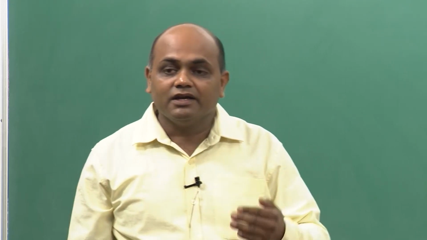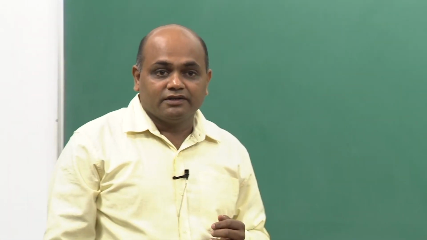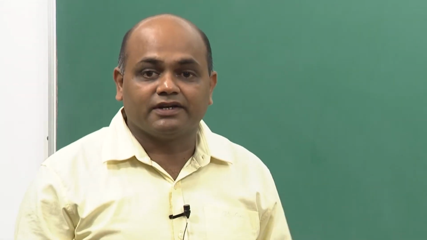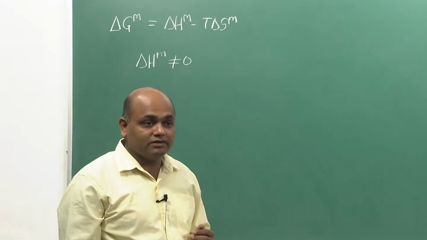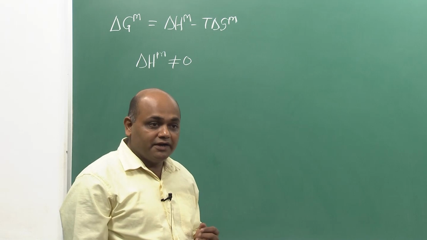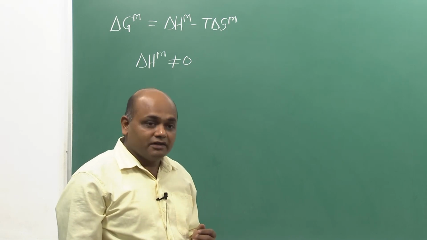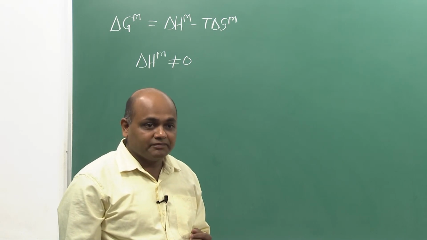So, there will be a kind of short range order associated with the difference in the interactions, and so the mixing process will not be completely random, and so delta S mixing will not be same as that for an ideal mixing where we assume random mixing, right.